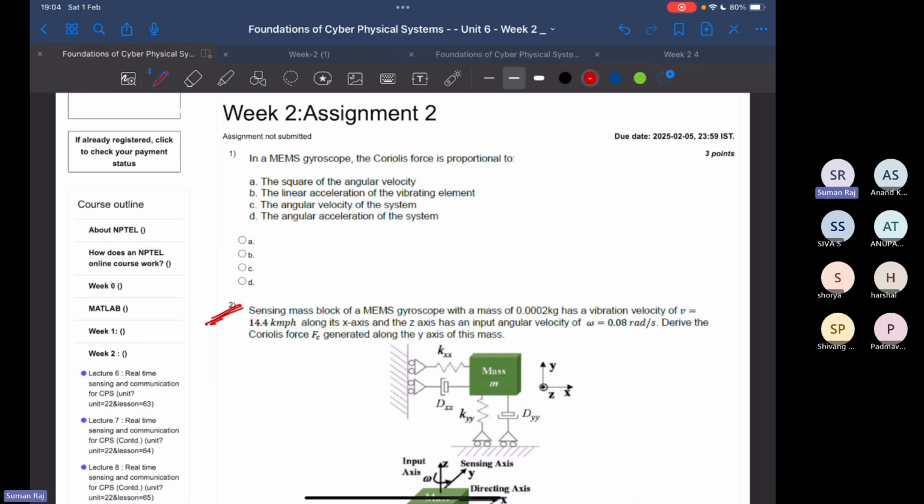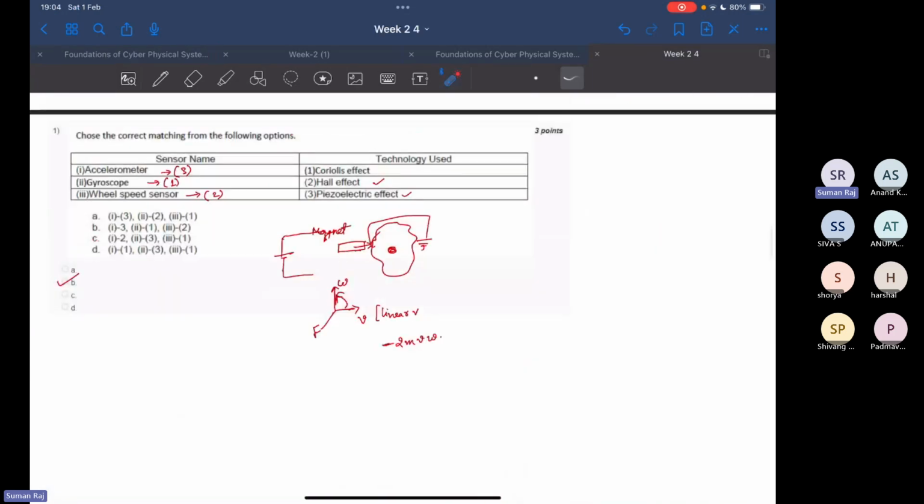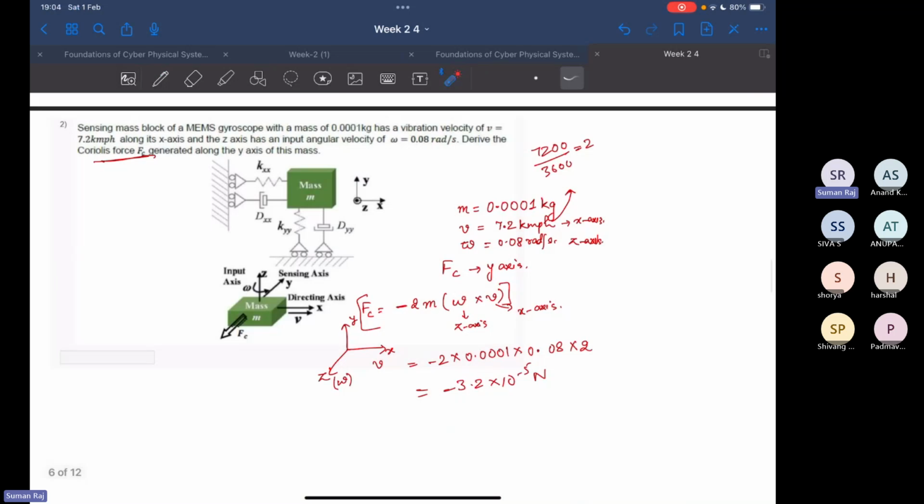All right. So this question says, in a MEMS gyroscope, the Coriolis force is proportional to what? Right? So in this question itself, when we were calculating our force, what was the formula we used?